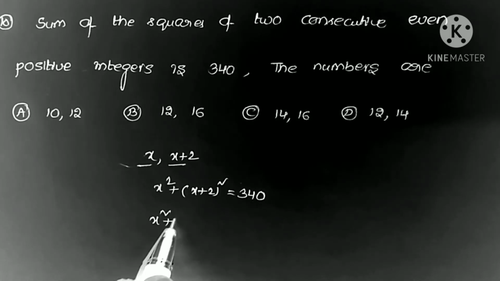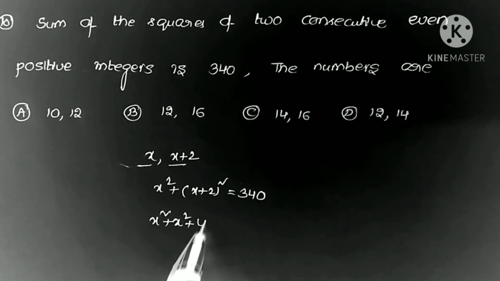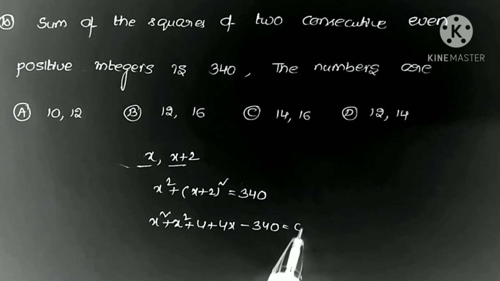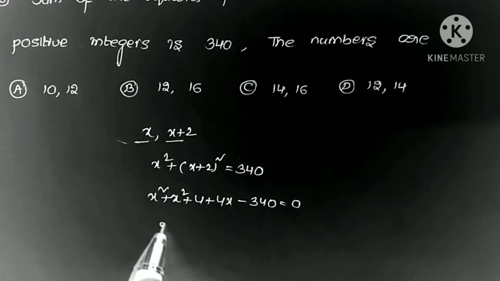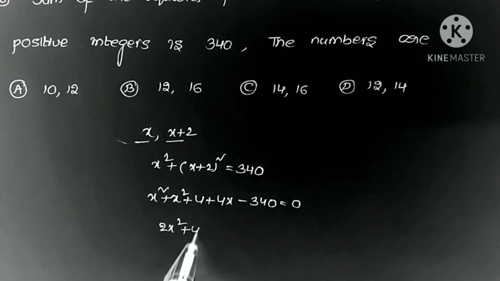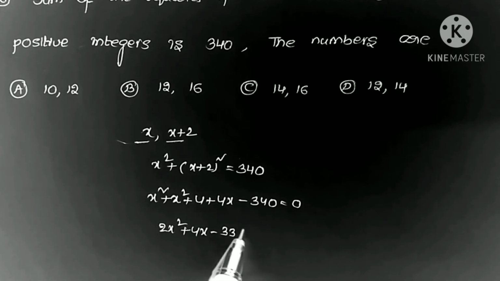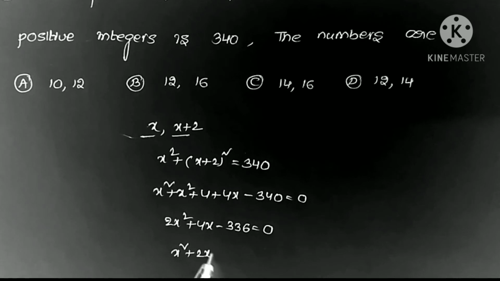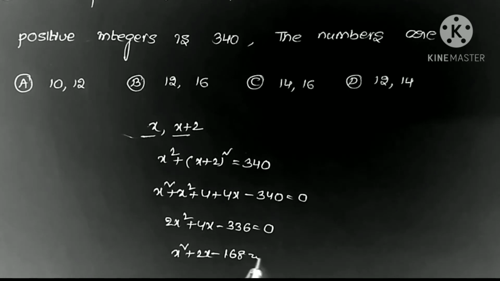That is x square plus x square plus 4 plus 4x minus 340 equal to 0, which implies 2x square plus 4x minus 336 equal to 0. That is x square plus 2x minus 168 equal to 0.